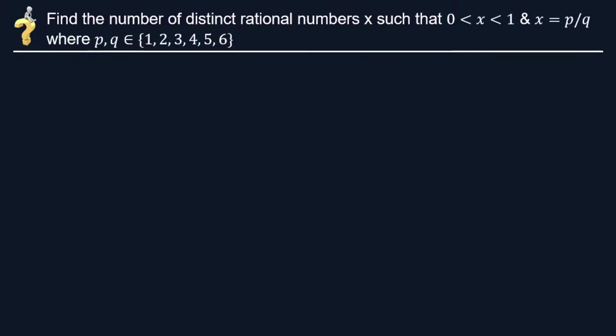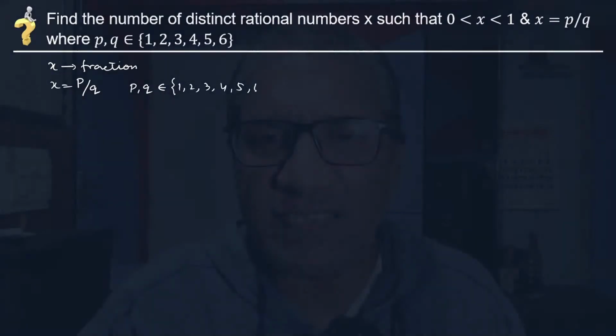So in this question they have said find the number of distinct rational numbers x such that x is lying between 0 and 1. It means that your x is basically a fraction of the form x = p/q, where p and q take values from the set 1, 2, 3, 4, 5, 6.